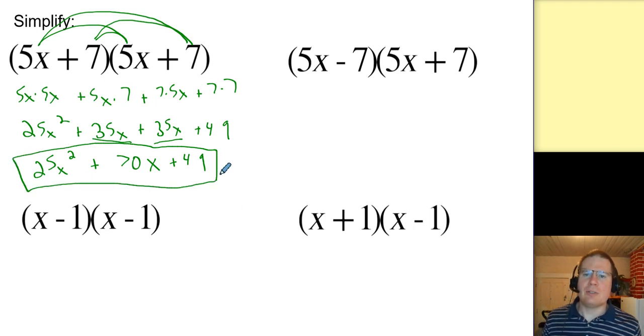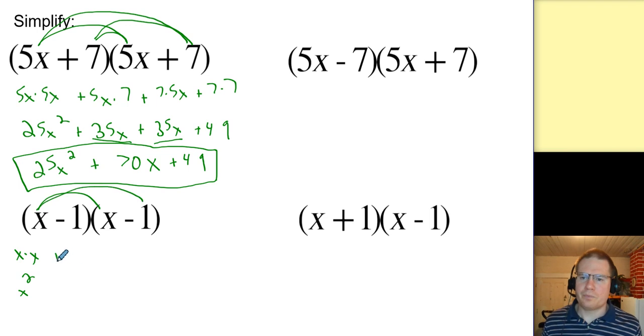Now that doubling is even more clear for this example. x times x is x squared. x times 1, that's negative here, so that's negative x. x times 1, that's negative here. And 1 times 1 is 1.